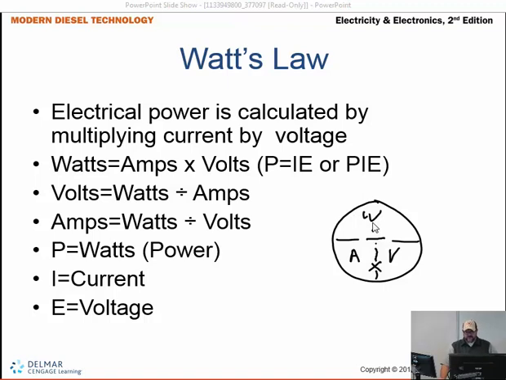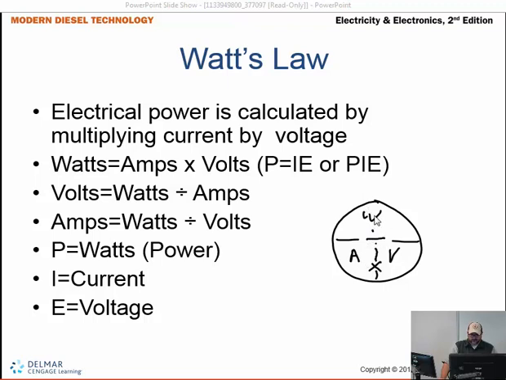Okay, so as we look at this, if we have two of these, we can find the other. So let's say we want to cover up our V here, and so that would be what we were trying to find. If we want to find our voltage and we know our watts and our amps, we're going to divide our watts by our amps.